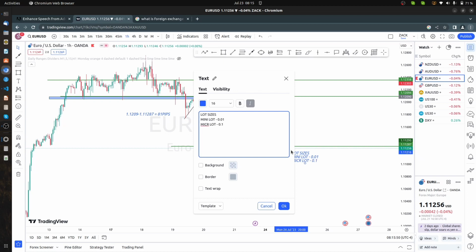Then we have the standard lot. The standard lot is 1 point something. Anything above, I think one is the standard lot. So this mini lot, let me just rectify here, it's a micro lot.